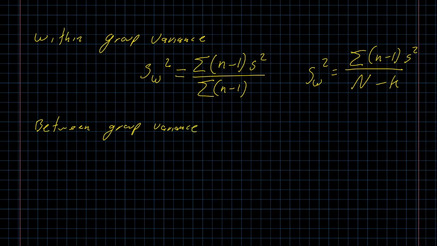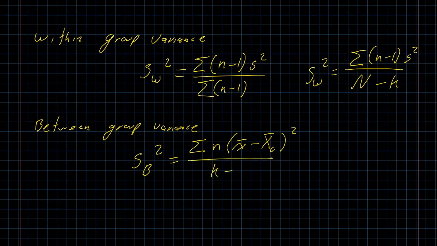Finally, the between group variance, S sub B squared, is the sum of, here it gets really interesting, little n times the quantity, little x bar minus big X bar squared, all divided by k minus 1.